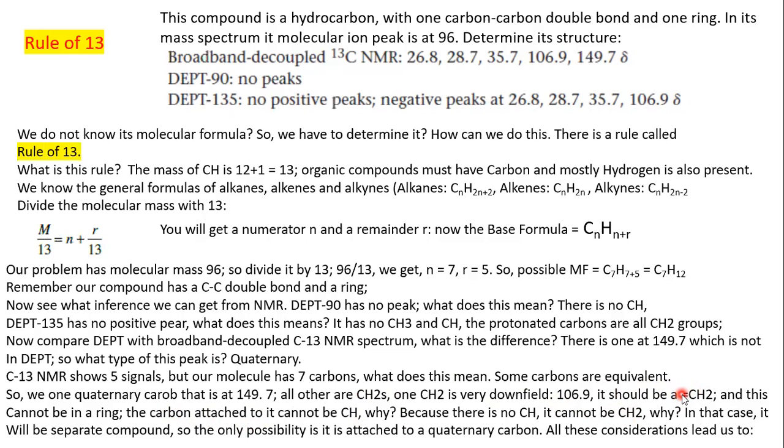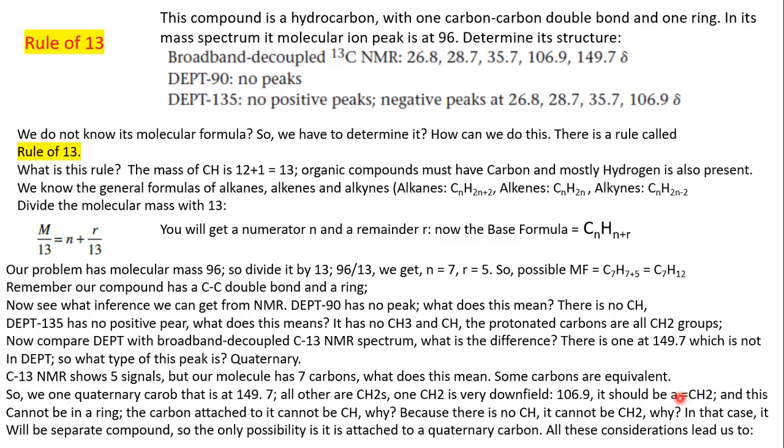So here is a quaternary carbon, which will then be attached with other carbons, and other carbons are only CH2s. In this way, all those CH2s are bonded together, making a ring, and the quaternary carbon is bonded to this CH2 through this double bond here.